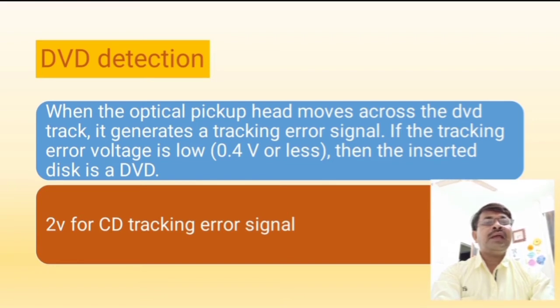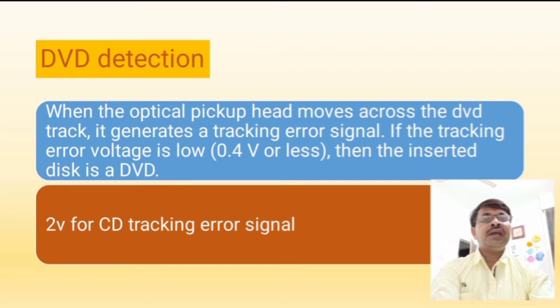If the tracking error voltage is low, that is 0.4 or less, then the inserted disc is DVD. For example, if the tracking error voltage is 2 volt, then the CD tracking error signal is detected. Means that for CD player, the tracking error signal contains 2 volt.